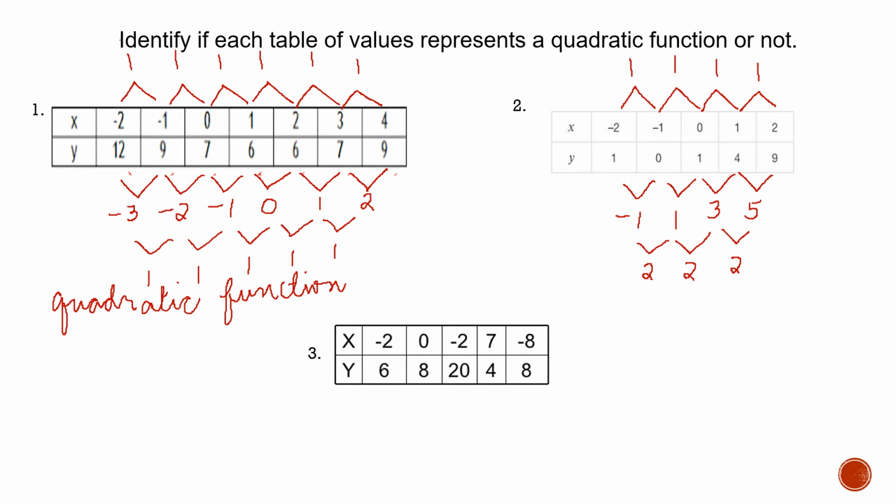Since the table of values produced equal differences in x and equal second differences in y, therefore we can say that this table of values also represents a quadratic function.